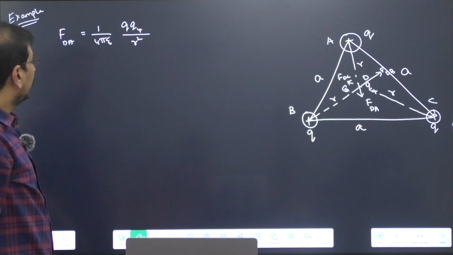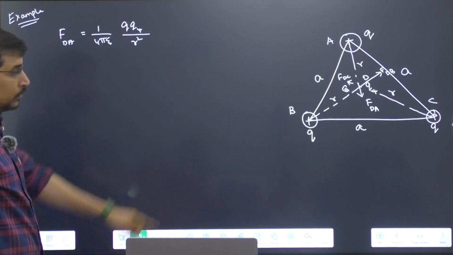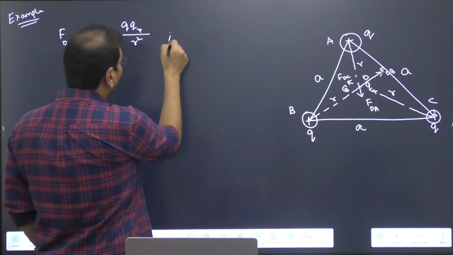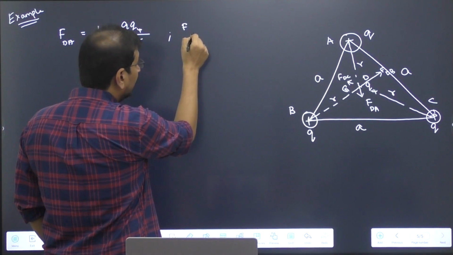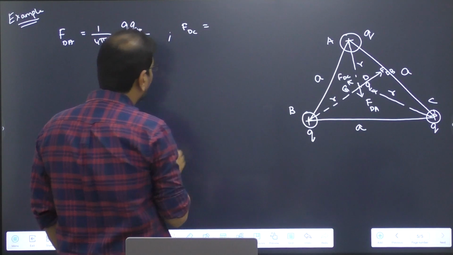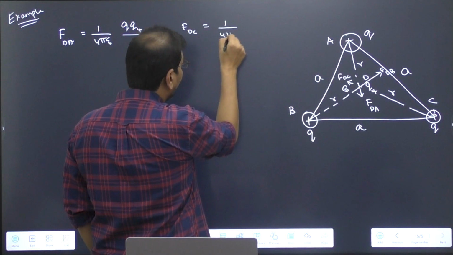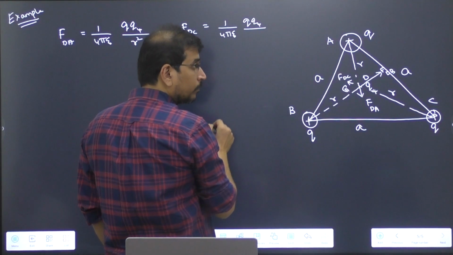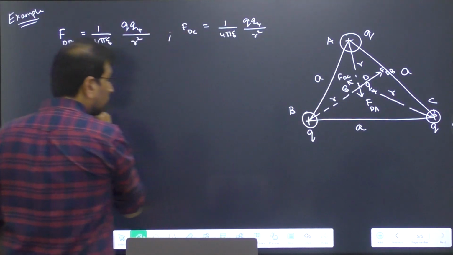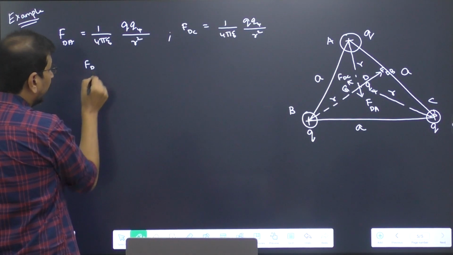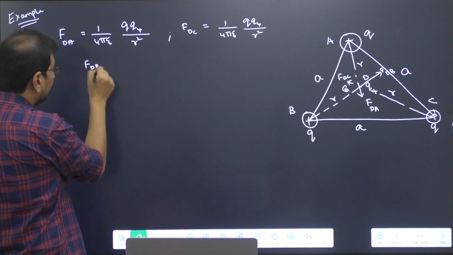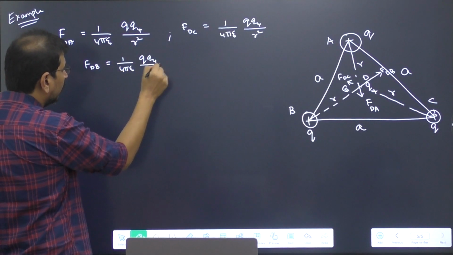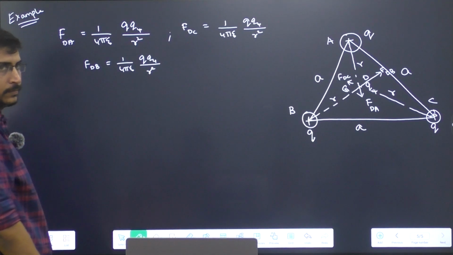I wrote only the magnitude part because I already have the diagram in mind. Now, F_DC is going to be 1 divided by 4 pi epsilon naught into Q into Q4 divided by R square. What about F_DB? It will be 1 by 4 pi epsilon naught into Q into Q4 divided by R square.